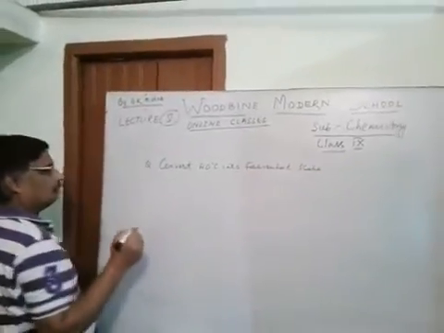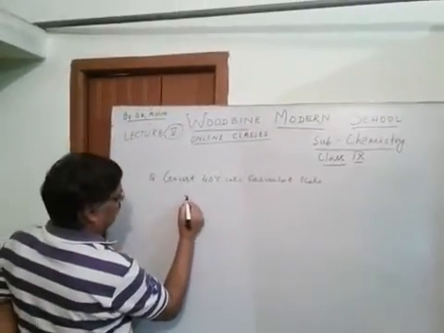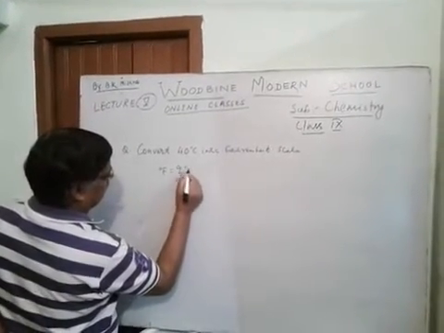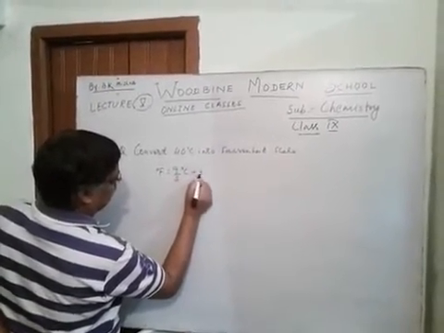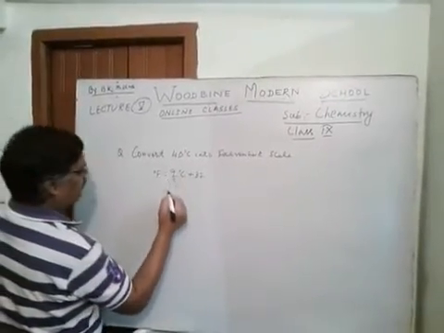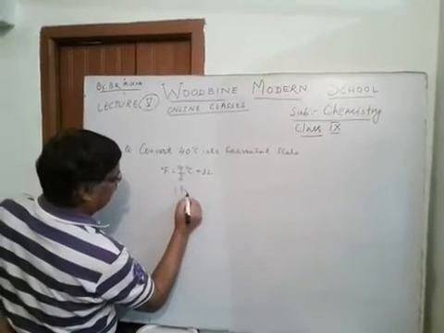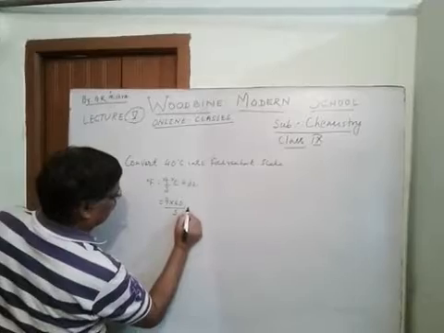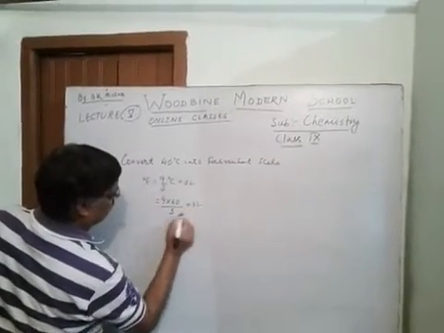Now we know the formula, that is degree Fahrenheit equal to 9 by 5 degree Celsius plus 32. Now putting in the value of the Celsius scale, that is 9 cross 40 divided by 5 plus 32.